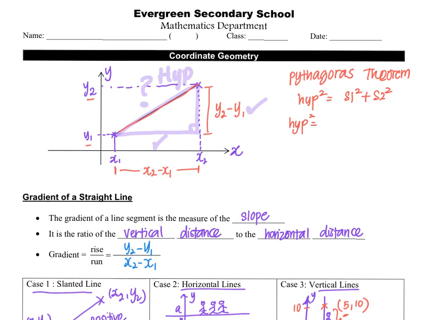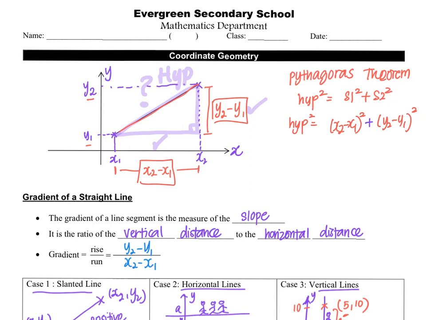And what are the other two sides squared? Well, this side is given by x2 minus x1 in brackets squared, plus y2 minus y1 in brackets squared.